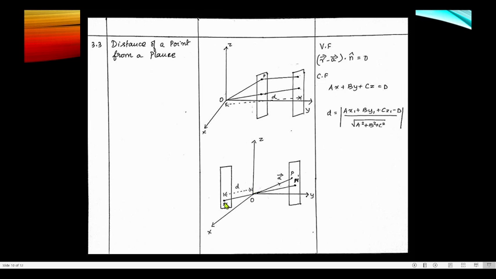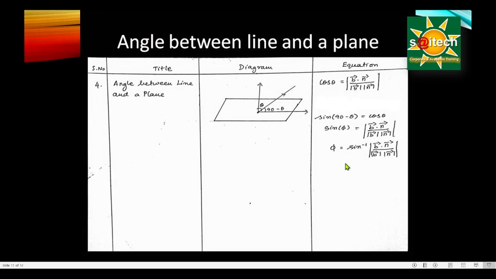The last concept of 3D geometry, angle between line and a plane. So I have given a diagram here. There is a line and a plane and we have to find the angle between them. Cos theta is equal to whole modulus of b vector dot n vector divided by modulus of b vector into modulus of n vector.